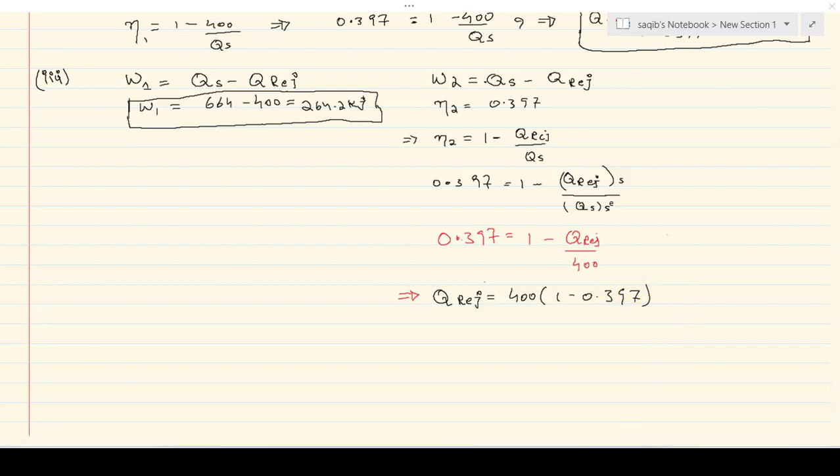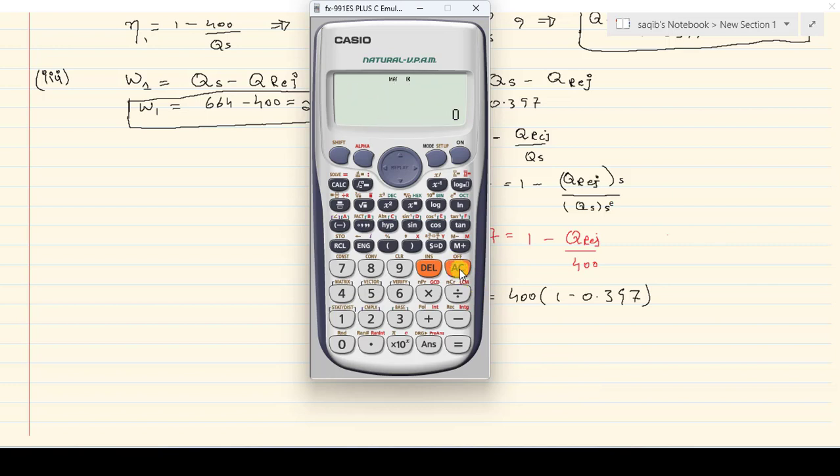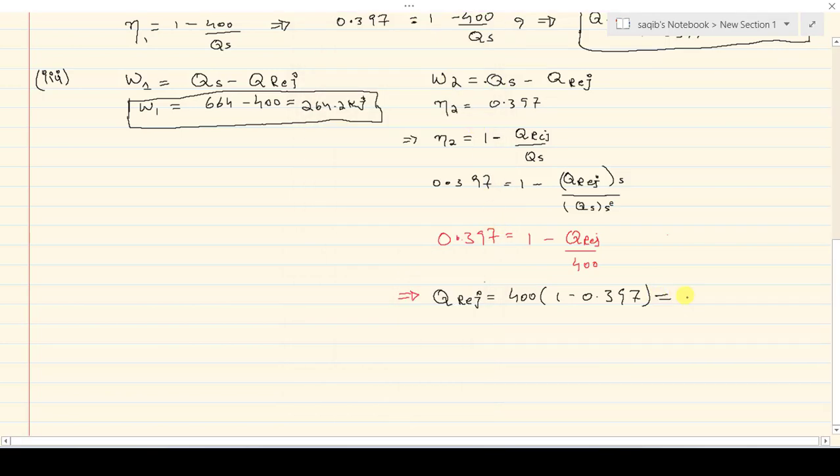Now use the calculator to find its value: 400 into 1 minus 0.397, so that is 241.2. So its value is 241.2 kilojoule.